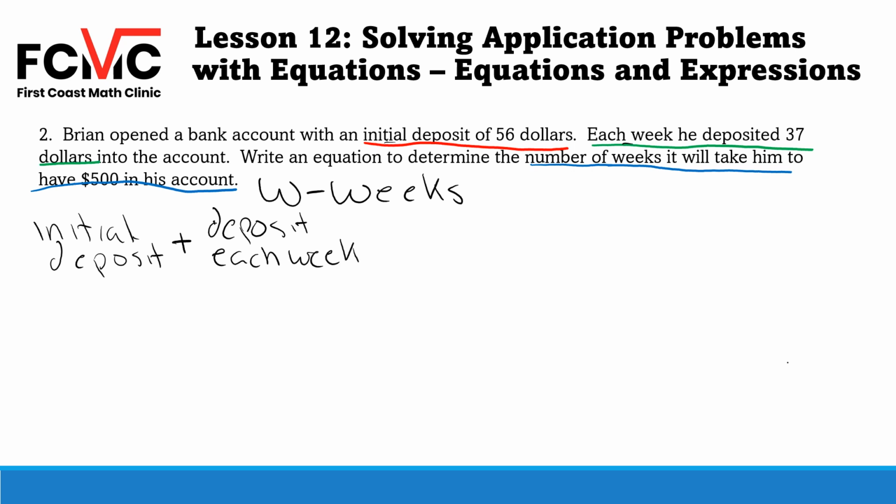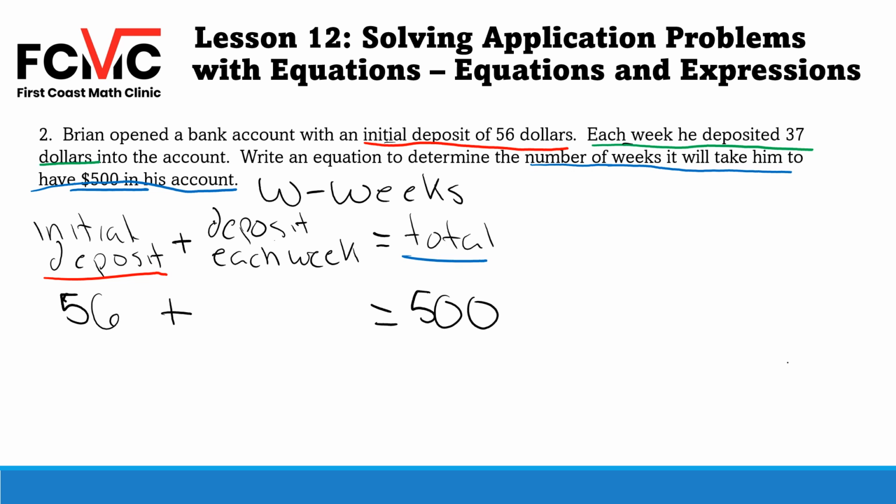So how much money we deposit each week, add that up, equals our total. All right, so our initial deposit, we know that that is just 56, plus we know our total, we want our total to be 500.